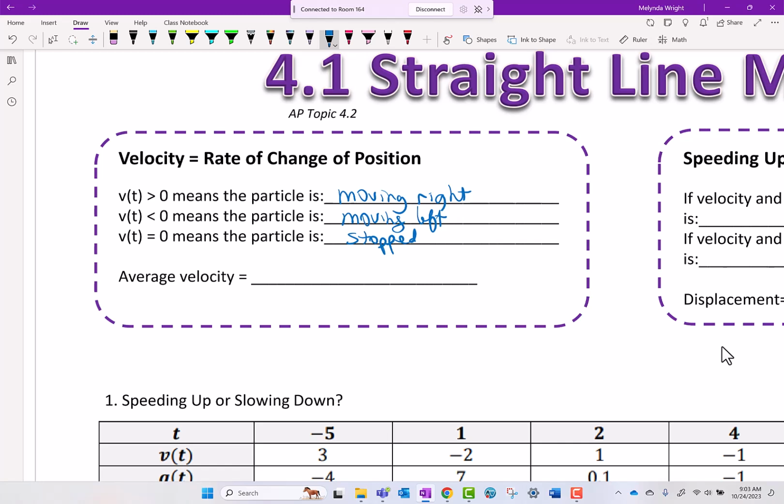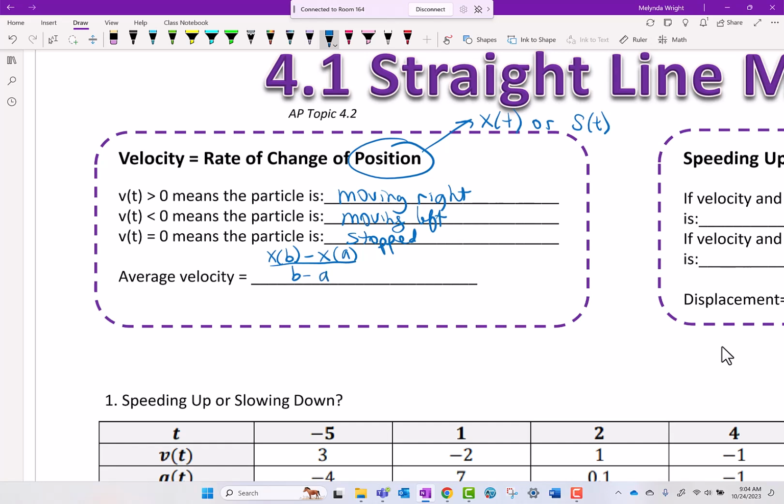With straight line motion, we typically name the position x of t, or sometimes s of t, instead of f or g. So for average velocity, we would do x of b minus x of a over b minus a.